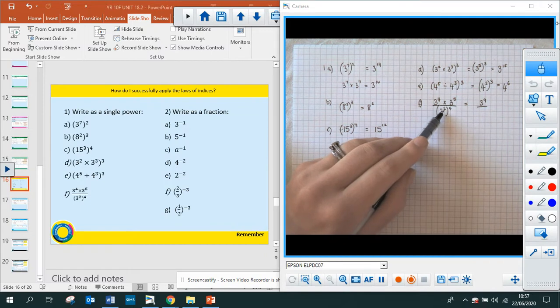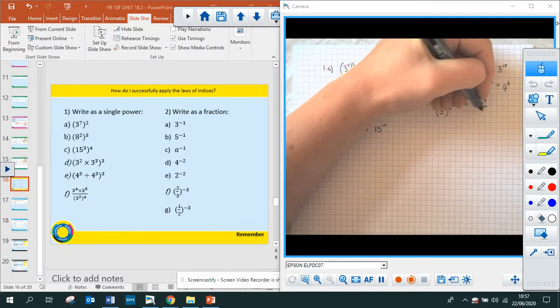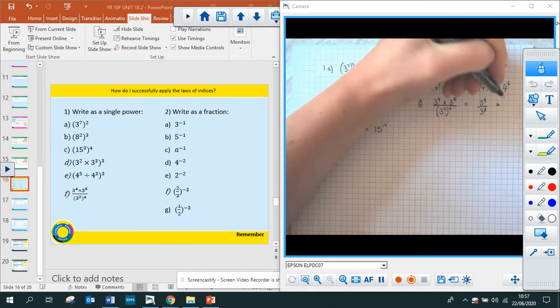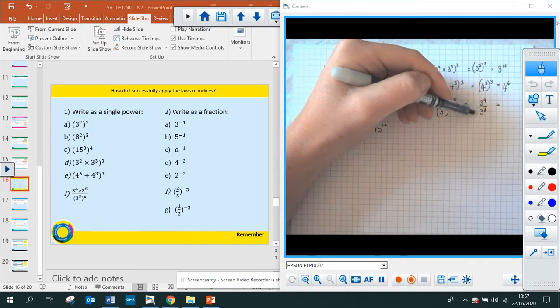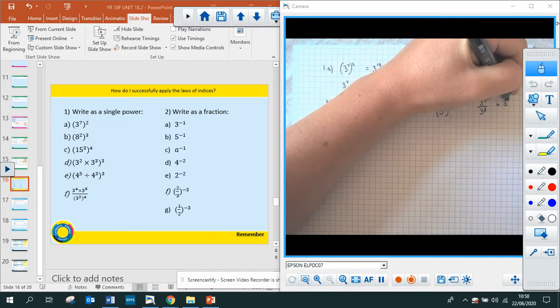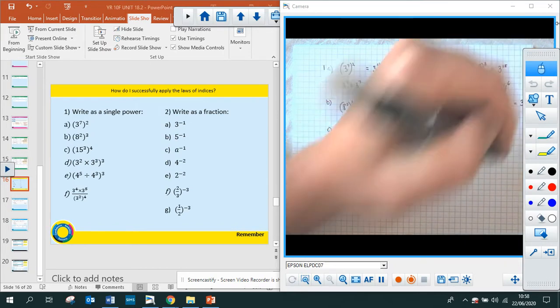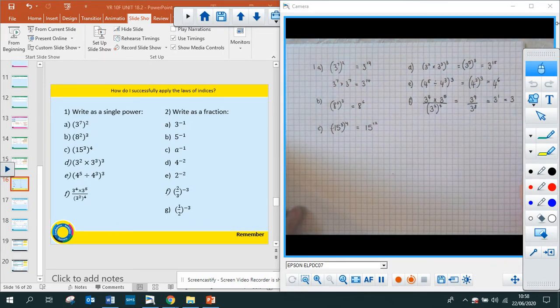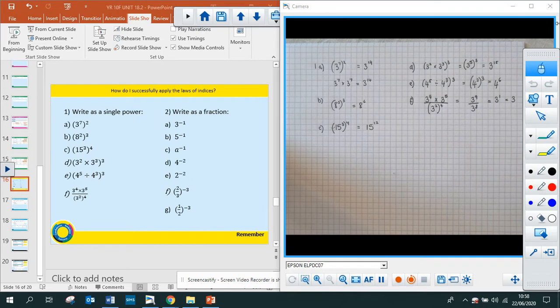And then our denominator, we multiply, so we've got 2 times 4, which is 8, so 3 to the power of 8 at the bottom. Now this is a type of division, isn't it, when it's fractions? So we're subtracting our indices. 9 subtract 8 is 1, so our answer is 3 to the power of 1, which is just 3. Okay? That was F.